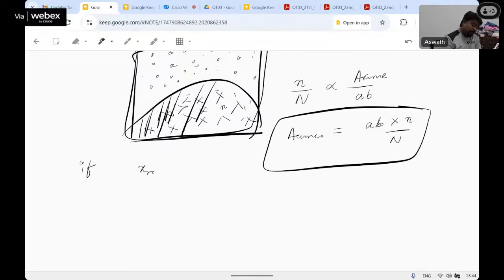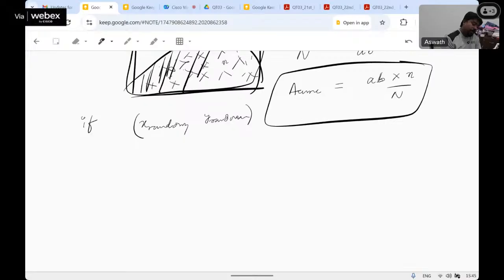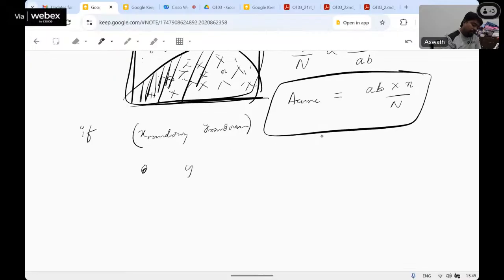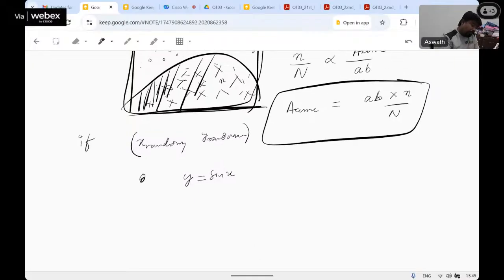If I pick X random and Y random, the X value can be anything, but the Y value has to be within this curve. Y is sin X. If the Y value falls below sin X, I'll count it for n. If not, I won't count it. That's the if condition.